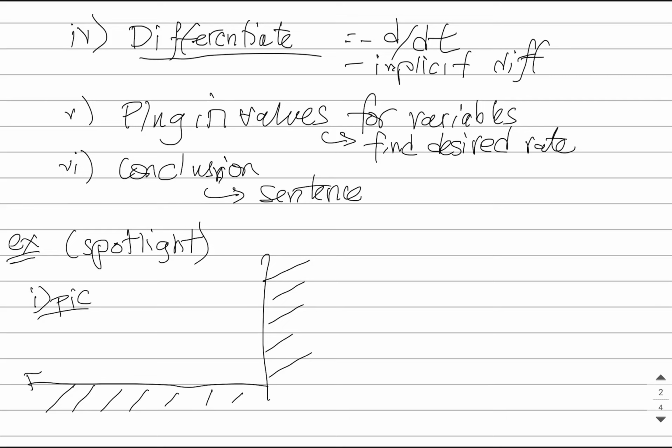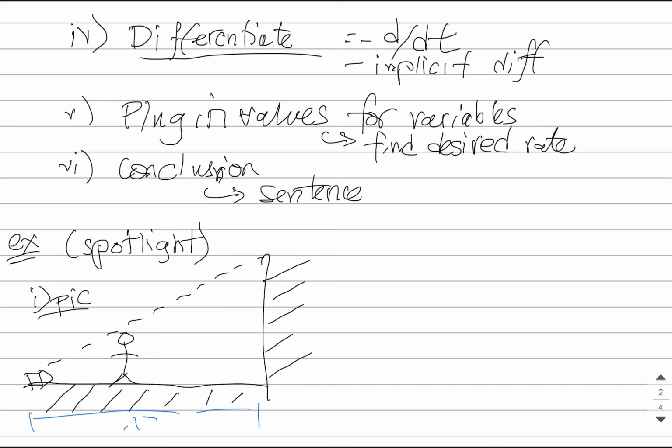So there's a spotlight on the ground, and the spotlight is shining some kind of shadow. So the person is walking, and the light beams that come off the light, some of them are going to be blocked by the person, and that's why there's a shadow on the wall. And the one that just grazes the top of his head will form the length of the shadow there.